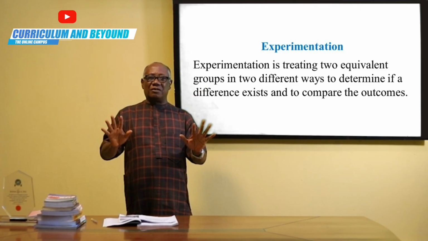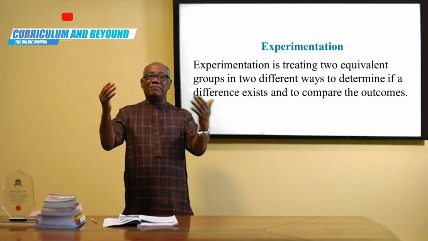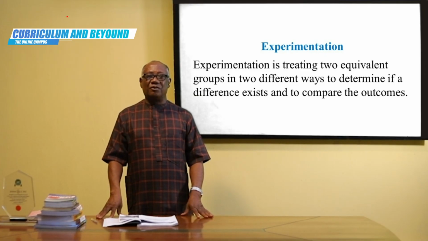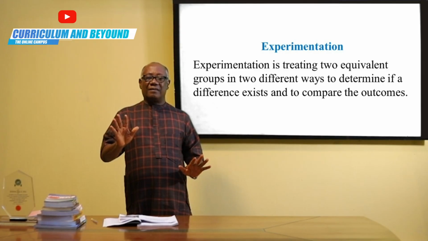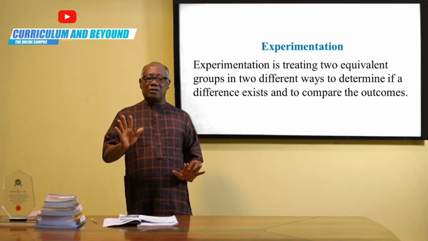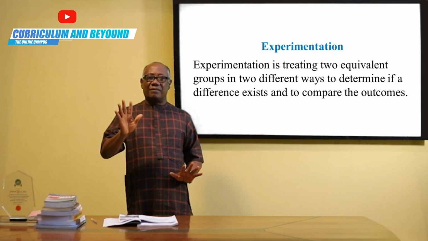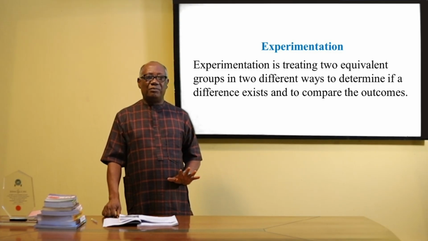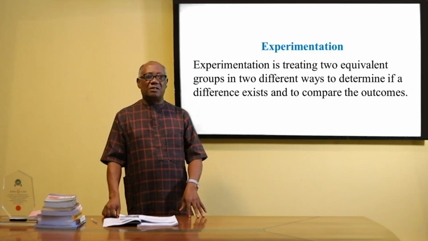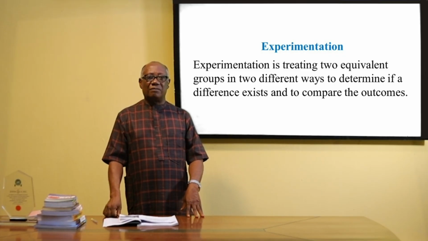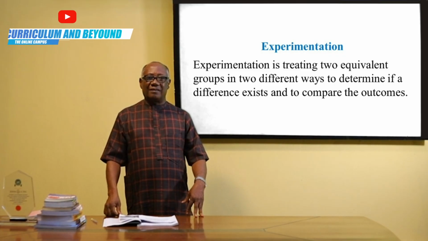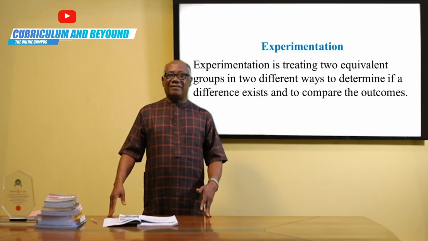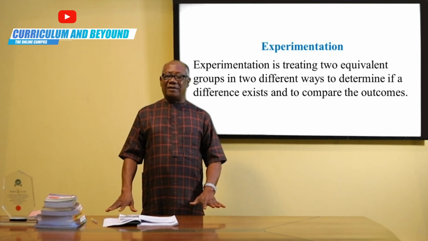As a result of this treatment, you say the mean achievement of the students. And so you take Group A, which is the one you want to teach with the lecture method, and Group B, which you will teach with the discussion method. I just hope that that's what we started with. The two methods are different.